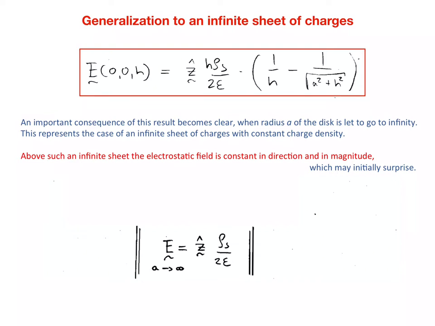This fundamental result is also of technological importance, since it shows that at short distances from a large sheet of charges, the field is approximately constant, pointing in the same direction. This occurs, for example, in a parallel plate capacitor.